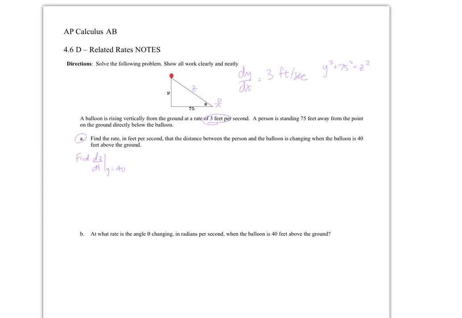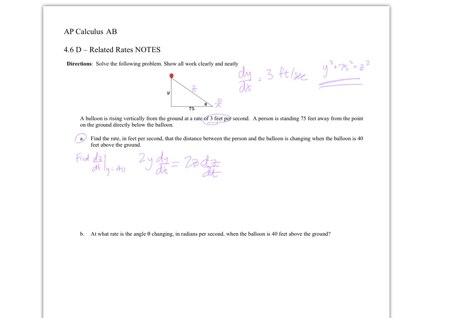If I take the derivative of this to put this whole thing into motion, I get 2y dy/dt. I don't even need to put the plus because that's a constant, right? If it's a constant, I don't have to take the derivative of it. So that will equal 2z dz/dt.